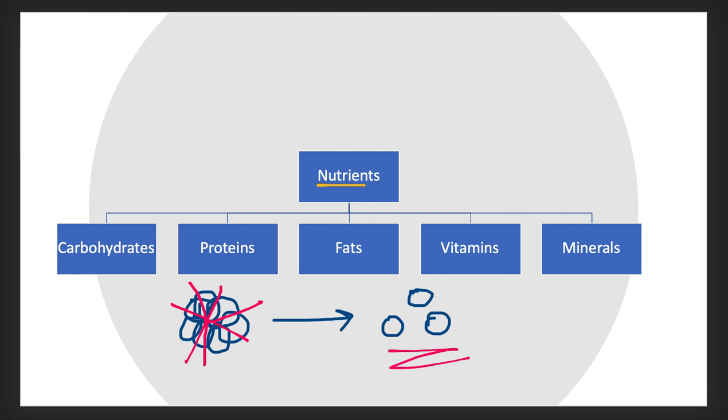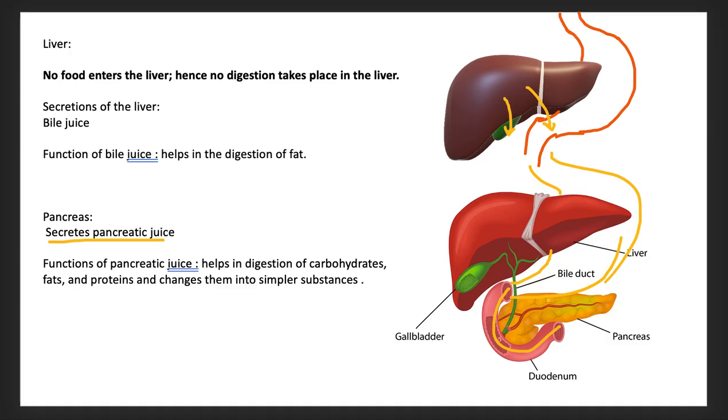One such digestive juice is the pancreatic juice, and the other digestive juice is the bile juice. The bile juice is secreted by the liver, pancreatic juice by the pancreas. So this helps in the digestion, which means it will break down the large molecules into smaller parts.